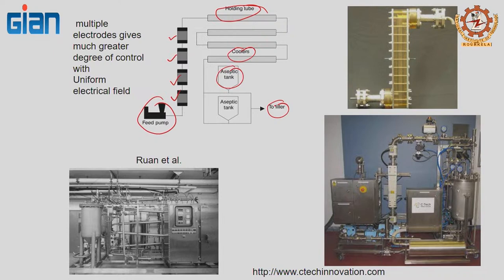You may remember you have seen all these things with aseptic processing. The only thing different here is that you are using an ohmic heater instead of a conventional tubular heater or scraped surface heat exchanger. So the concept of aseptic processing is adapted here, just replacing the traditional heaters with the ohmic heater.